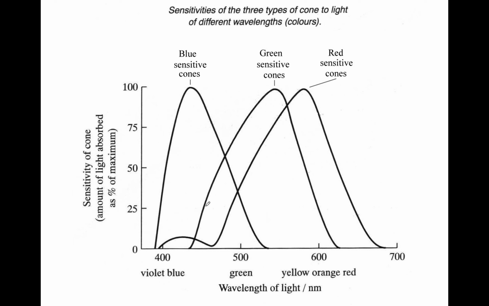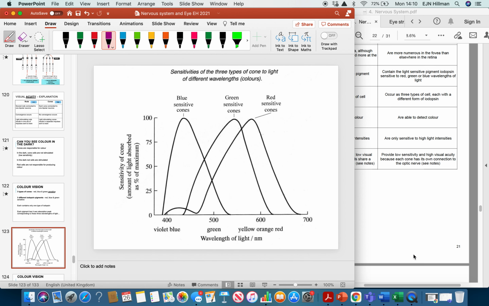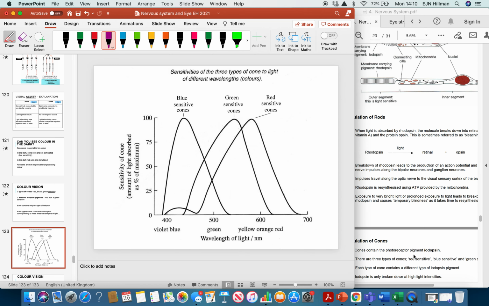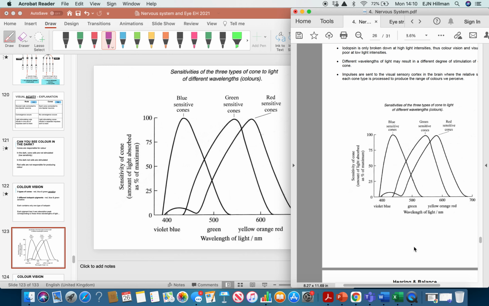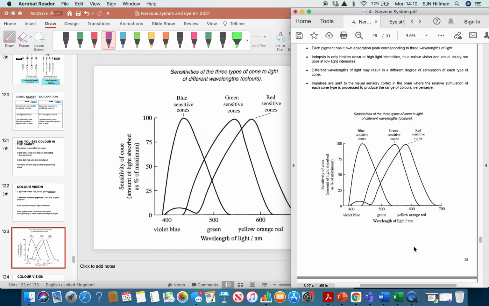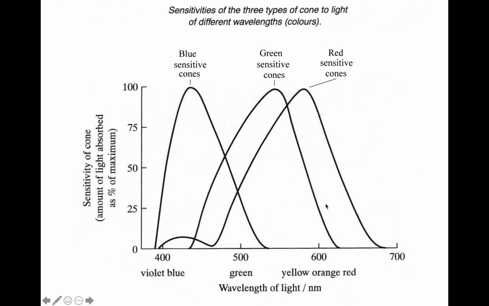Okay, so this graph you can find on, where is it? There we go, on page 25. And it demonstrates what's called the trichromatic theory. On the x-axis, we have wavelengths of light.